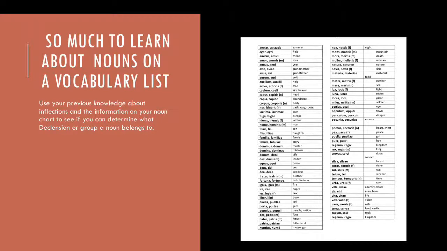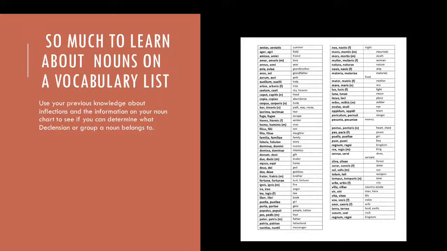And with the two of them together, I want to see if you can figure out what group or declension each noun on the list would belong to, and can you tell whether it should be masculine or neuter if it's from second declension, and can you tell if it's masculine or feminine or neuter if it's from third declension?